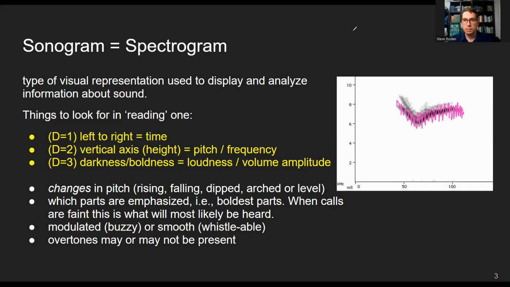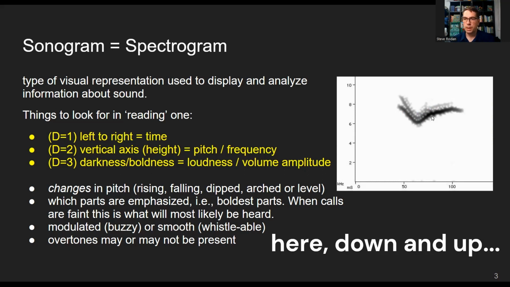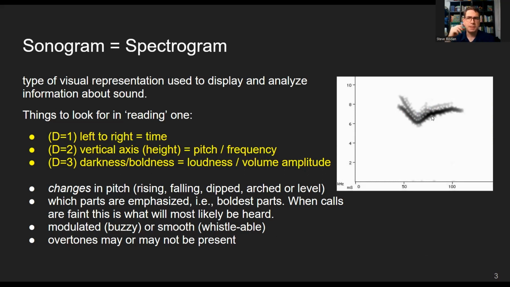And without that, so if I clear that, the lack of that up and down, it's very smooth, straight lines smoothly going up and down. More modulated calls give a buzzy sound, bzzz, or insect-like, and have these strong modulations. So that's a quick introduction to reading the 3 dimensions of the spectrogram or sonogram.